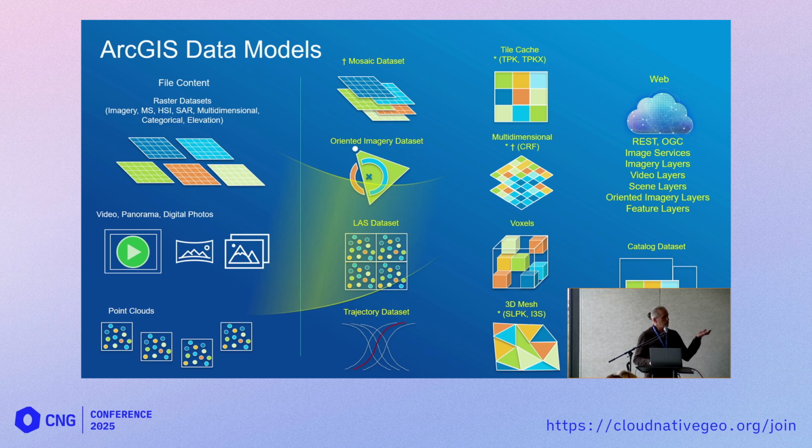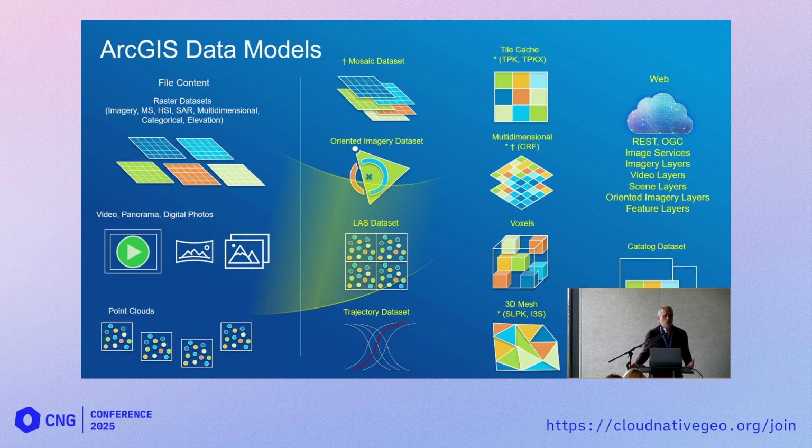And then there's other optimizations for climate study with voxels. We have all kinds of 3D mesh as a cloud-native format, I3S, and point cloud is also expressed in that format, I3S REST, multidimensional, and then tile cache.